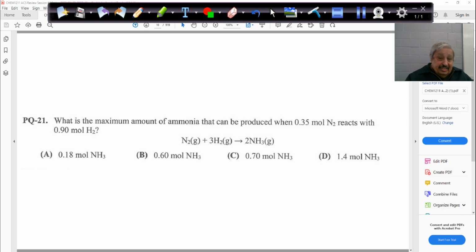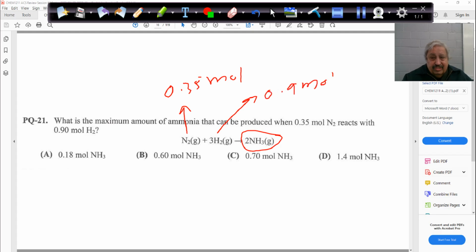Okay, guys, the product is ammonia, correct? And you have both. Nitrogen is 0.35 mole, correct? And this one, how much is it? 0.9 mole. Well, you first have to determine which is in excess and which is limiting. That's very important to know. You start with the amount of ammonia number 1, based on nitrogen.